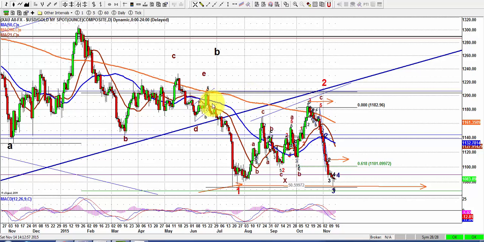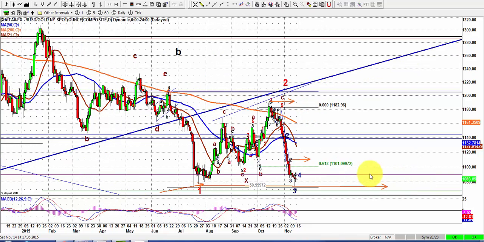What you do is you take the first leg, you measure the first leg, and then you multiply it by 3, and then you get the rough estimate of that 5-wave run, how far it's going to go. So let's do that. We have roughly 1200, and here we have 1080. Okay, that's roughly 120. Again, we are not going for engineering precision, but that's going to be already good enough. So we multiply 120 by 3. That again gives us 360.